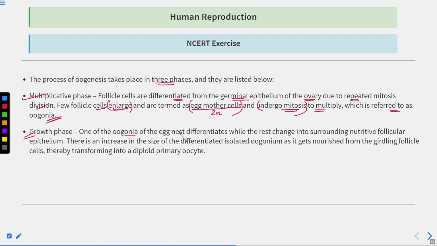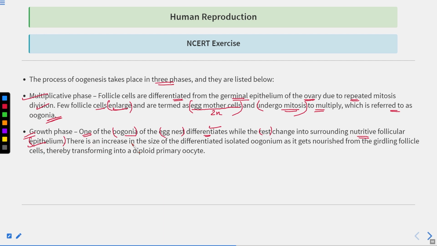Now once the oogonia of the egg nest differentiate, the rest change into surrounding nutritive follicular epithelium. So one of the oogonia of the egg nest, since an egg nest consists of a lot of oogonia, will differentiate, while the rest of the oogonia transform into the nutritive follicular epithelium.